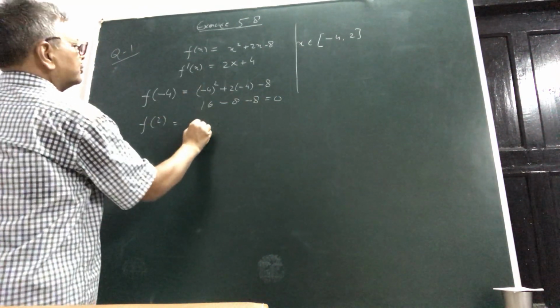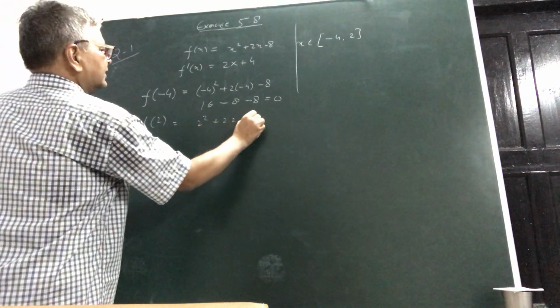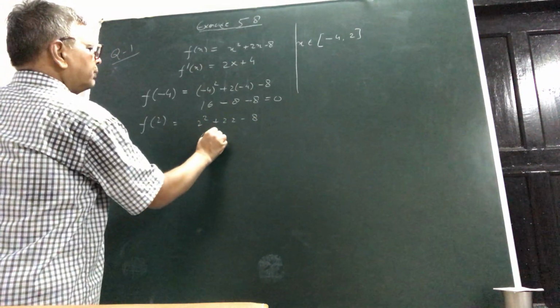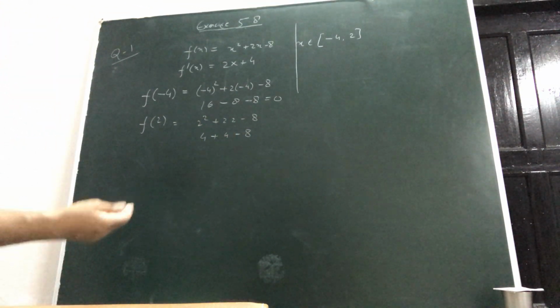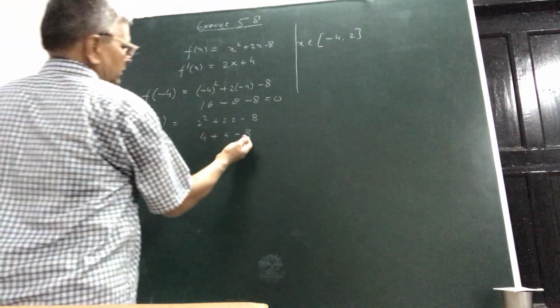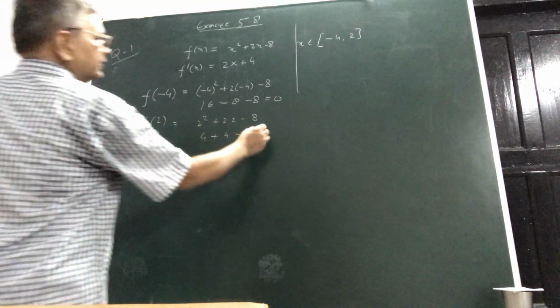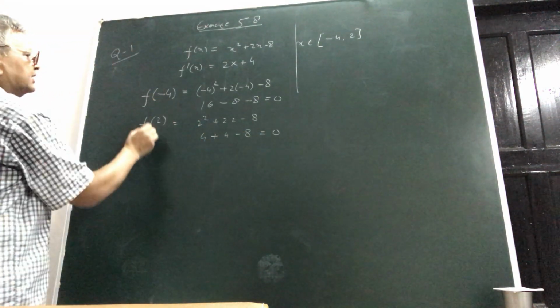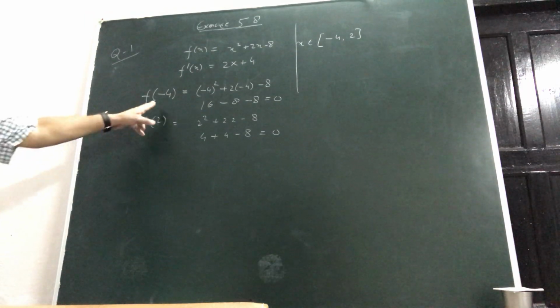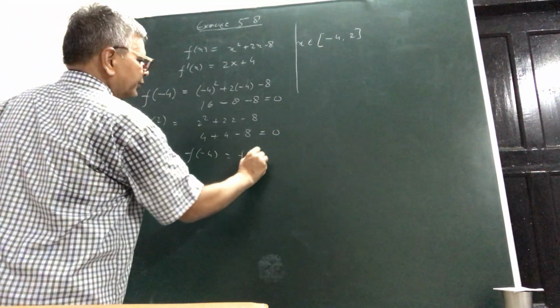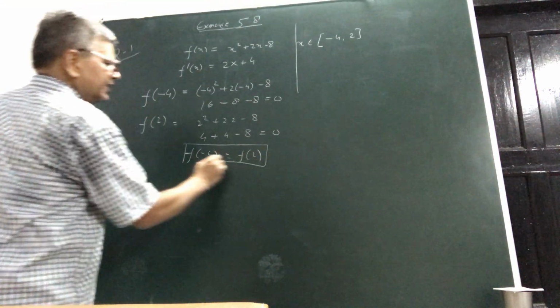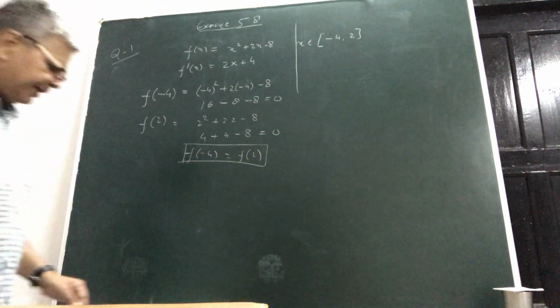At 2 it is 2 square plus 2 into 2 minus 8, so it is 4 plus 4 minus 8, which is also 0. So the third condition is also satisfied, that is f of minus 4 is equal to f of 2. So all three conditions of Rolle's theorem are satisfied over here.